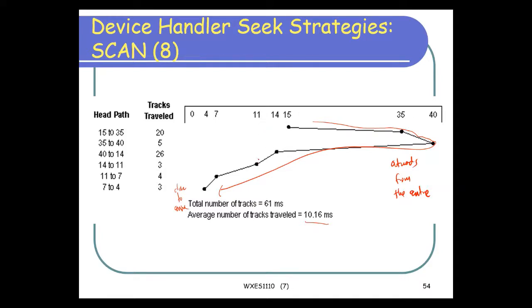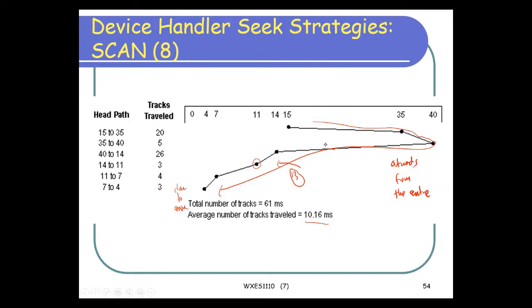Let's say this is the current track, and now suddenly there is a request for track 13 for this arm head. The arm continues to track 7, and then to track 1.